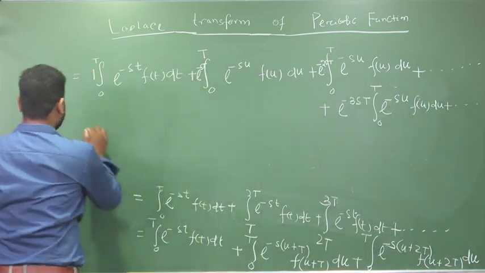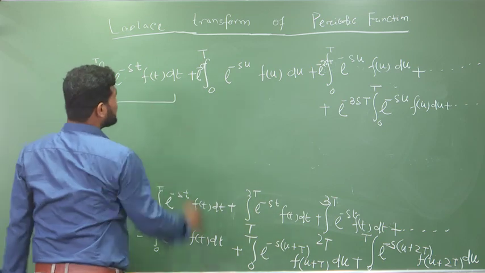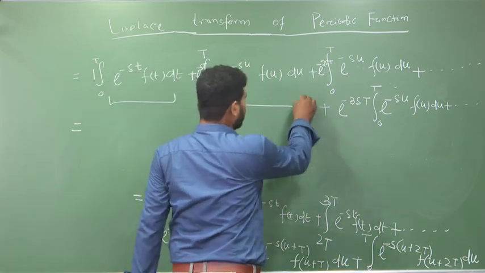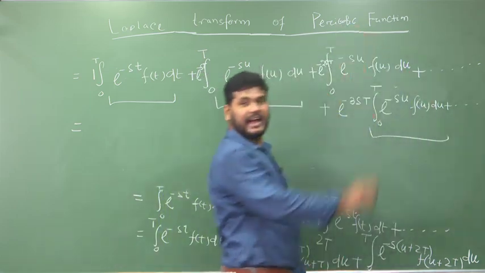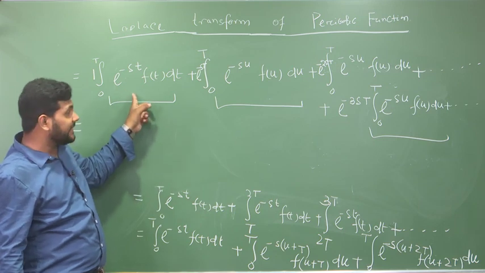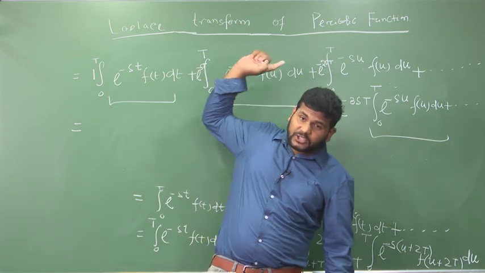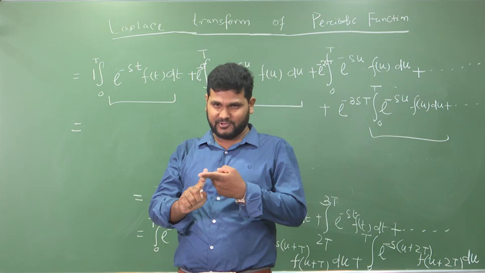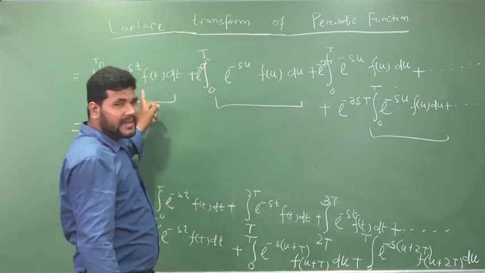Alright. So now notice here what is in the first integral, what is in the second integral, and what is in the third integral. What is the difference? Only here is a small t, here is small u, here is small u, and for each term I have different variables and these are called dummy variables. So I can always replace them with x, y, z.